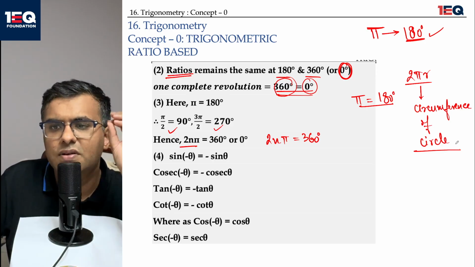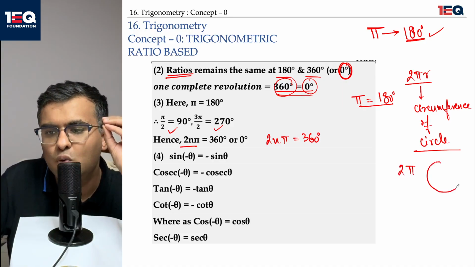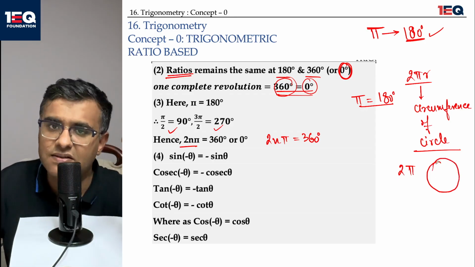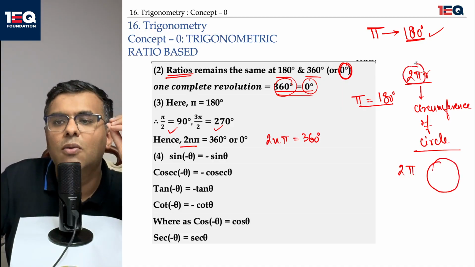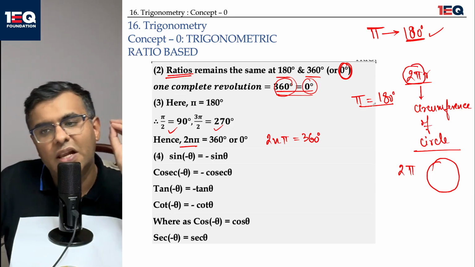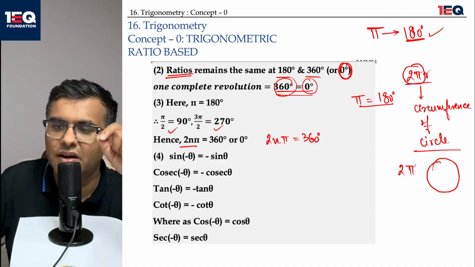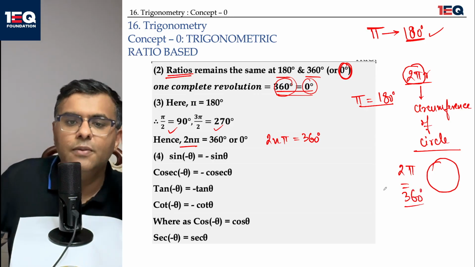In the circumference of a circle, 2 pi is a complete circle, so it completes one entire revolution. That is when the circumference is created, which is where we pick up 2 pi from. The value of pi is 180, the value of 2 pi is 360. That is how a circle is created. This 2 pi is equal to 360 degrees.